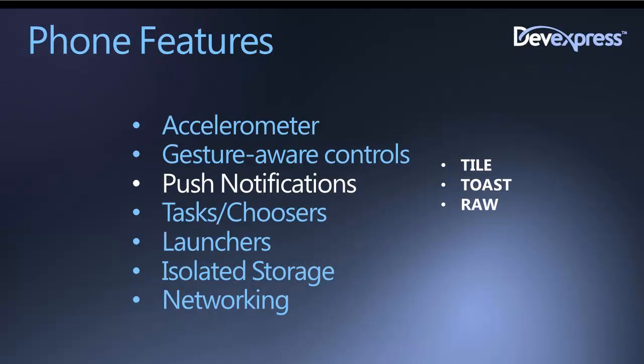Now, with Mango, all of this is part of 7.0. With Mango, they've added something really cool. Push notifications give you the ability to do what they call deep linking. With 7.0, if you get an update sent to your phone and you click on it, it's just going to fire up the app that caused the update.